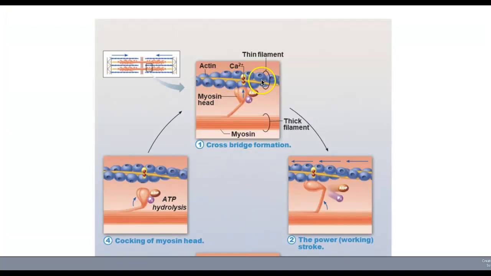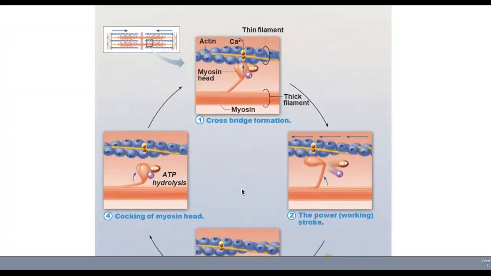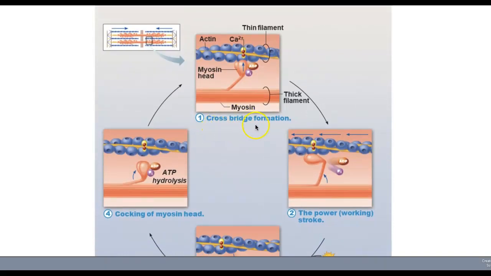So we've imagined that that has happened, so let's get into the cross-bridge cycle. The first step our textbook calls cross-bridge formation. What's going on here is that the energized myosin heads, and they're energized because ATP has been hydrolyzed, reach across and attach to actin.